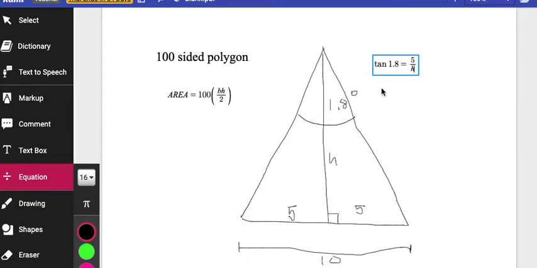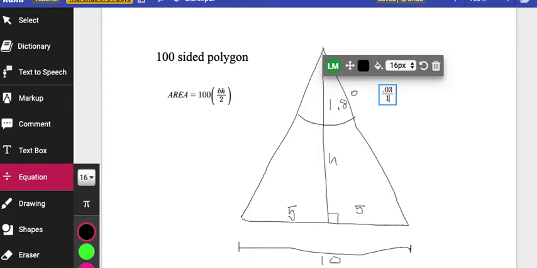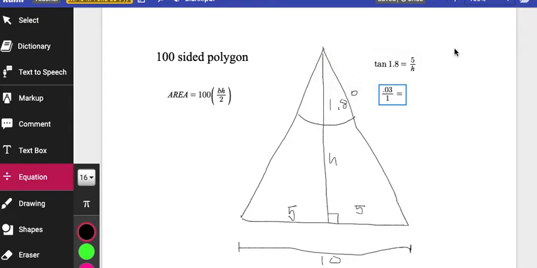So I'm going to do 0.03 divided by 1 because I want to make this into a proportion equals 5 over h. All right, I'm going to write that cross product. So I'm going to end up with 0.03h equaling 5. To solve that, I'm going to have to divide both sides by 0.03. So I'm going to end up with h equaling 5 divided by 0.03.